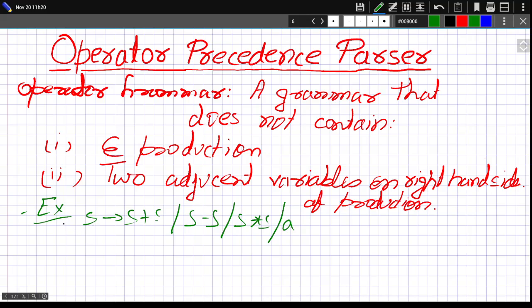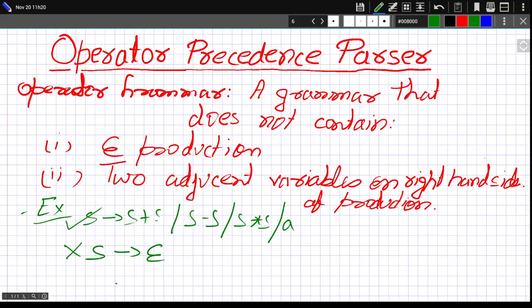So such things are okay. Now second example, let me show. If it has something called S gives epsilon, such a thing will not be allowed in an operator grammar.